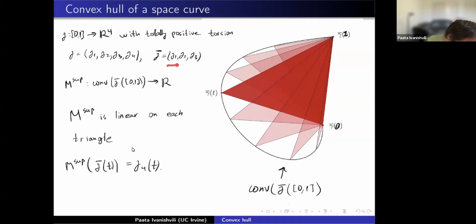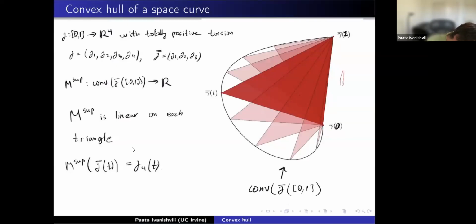Gamma bar is a curve in R3, so here it is. And here is one way to think about it. I cannot draw you a picture in 4-dimensional space, but here is one way to think about this function. So what you do is, so this is in R3. Oops, sorry.